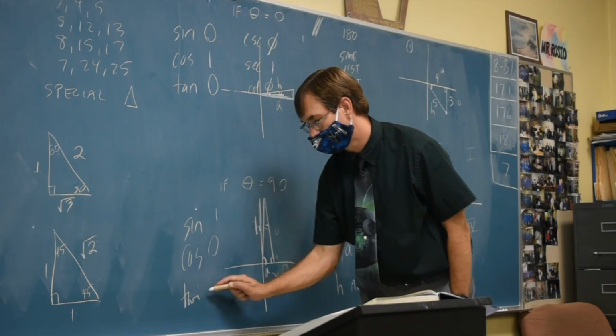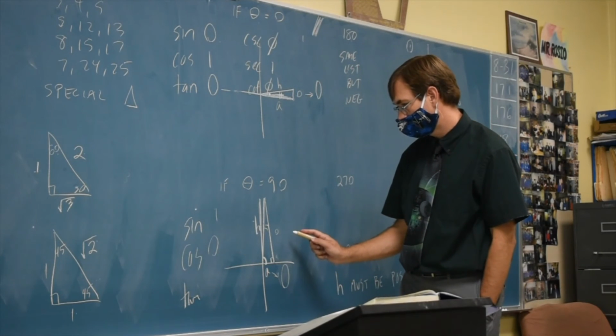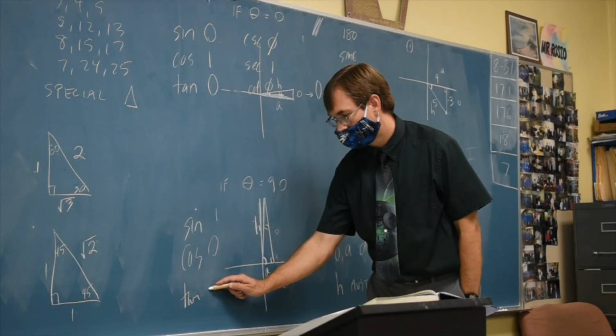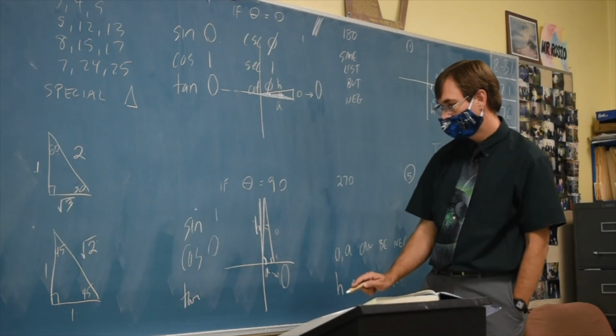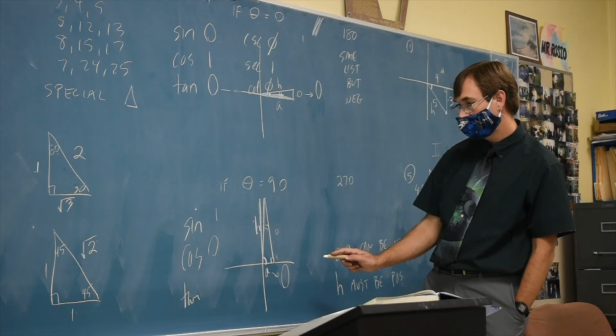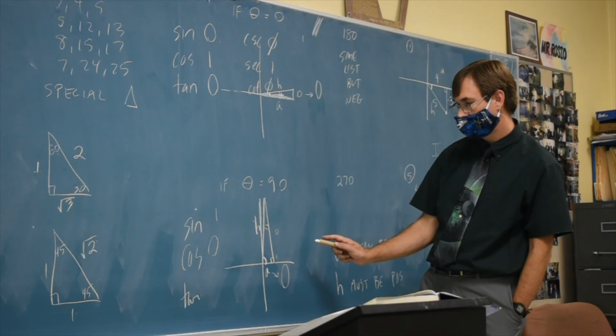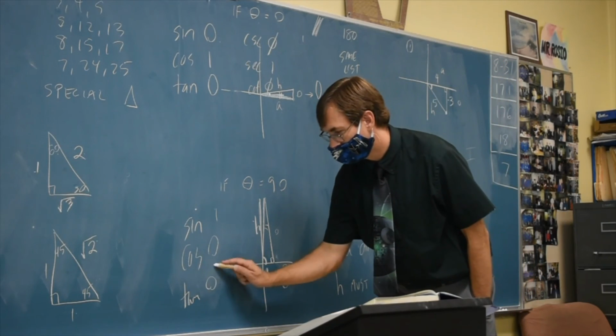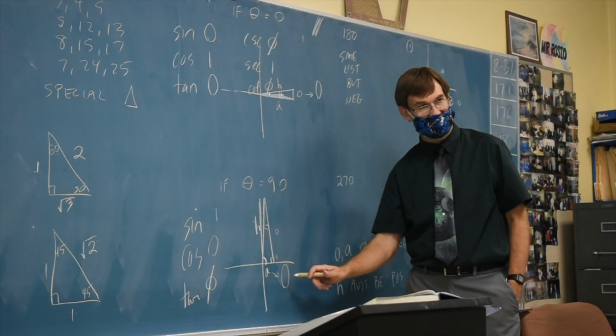Tan? 1. Disagree? 0. Disagree. Impossible, because we'd be putting O over A, 0 on the bottom.